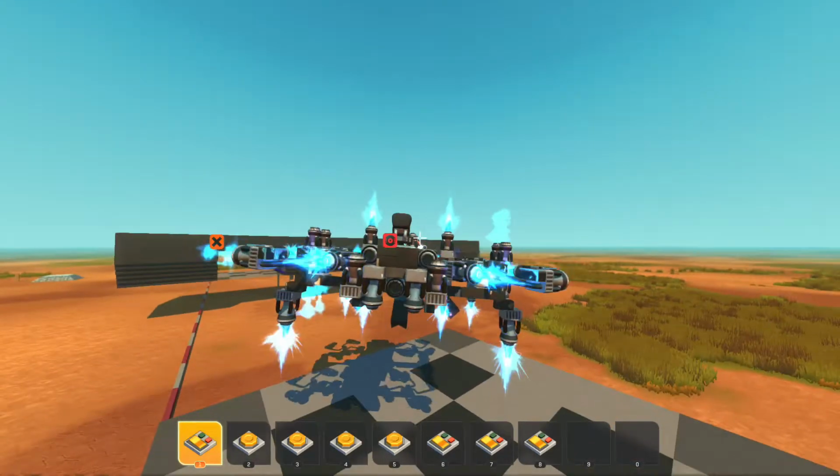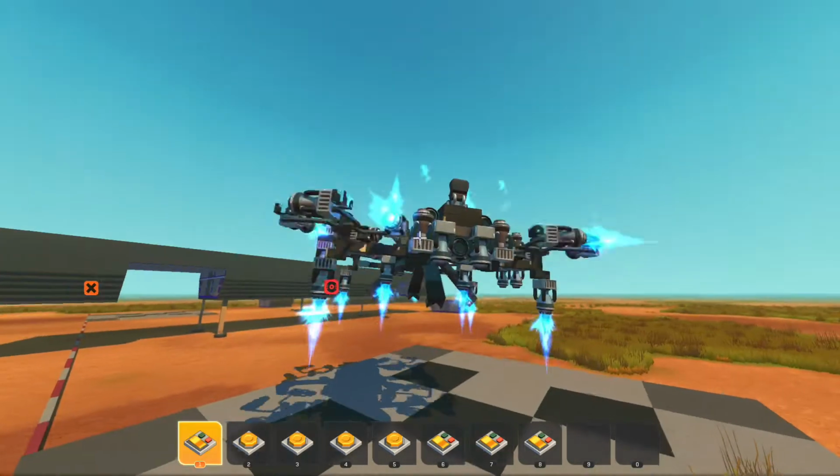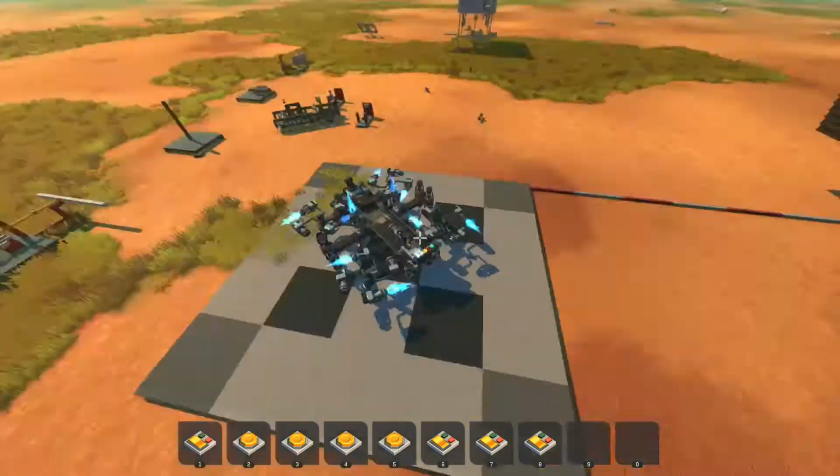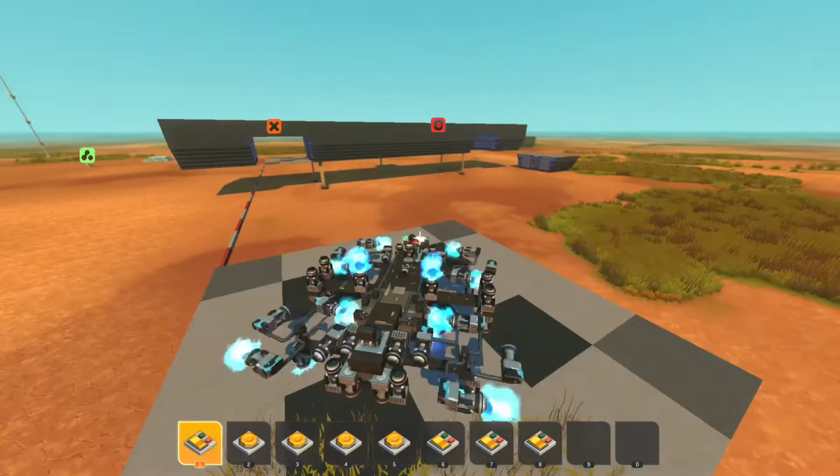It gives you a good chance to really coordinate your position before actually touching down.